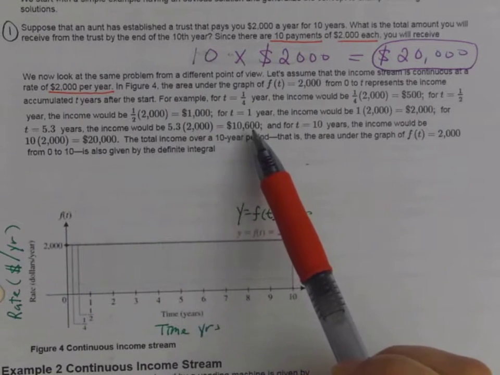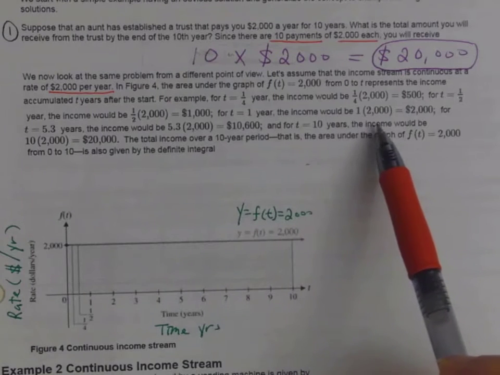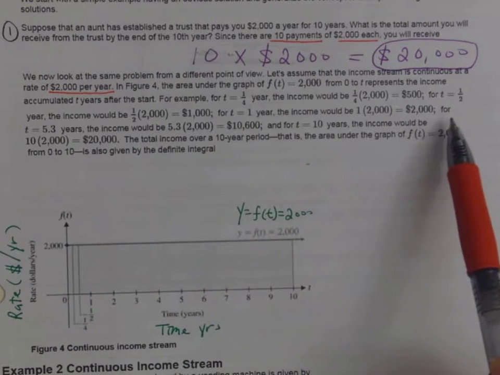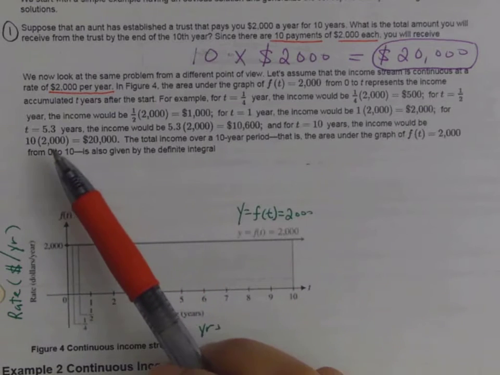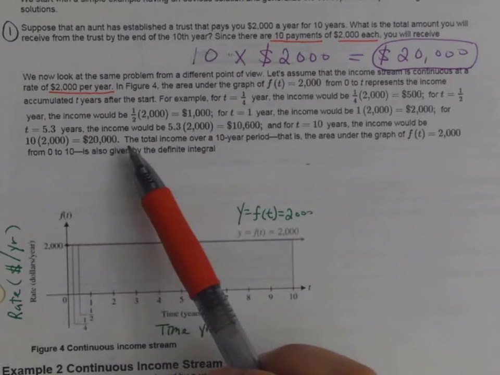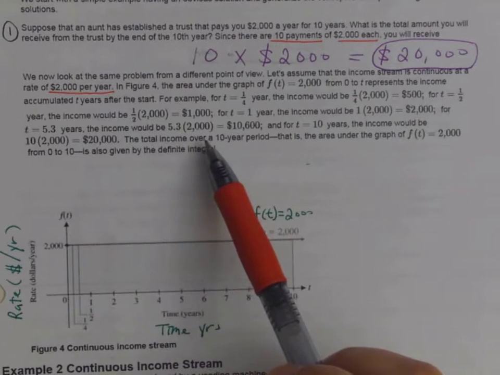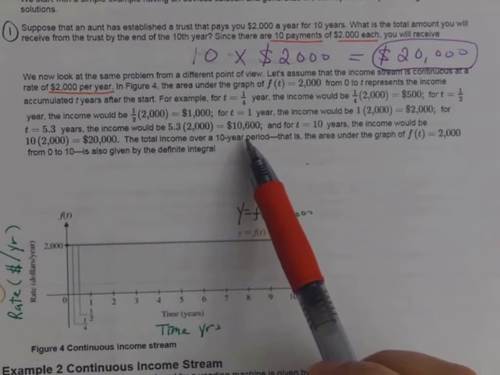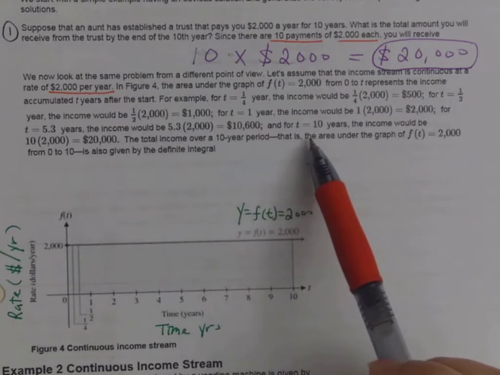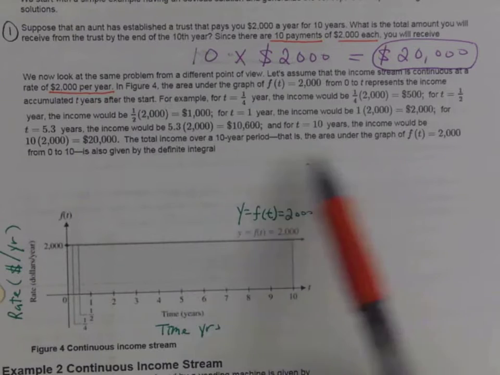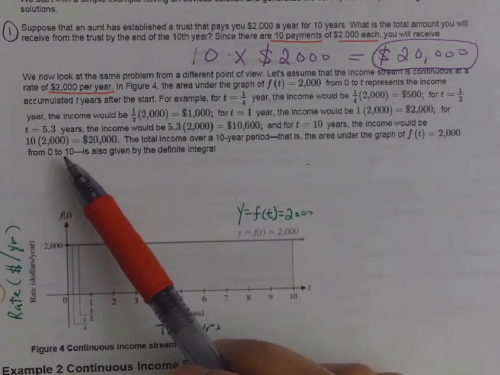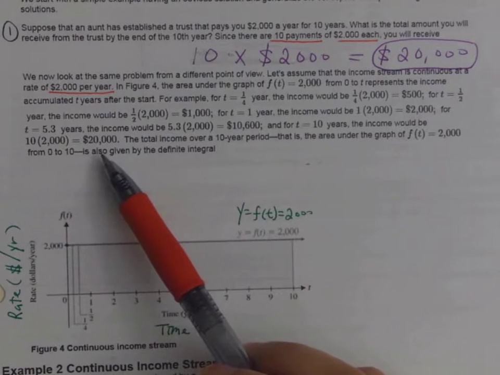For t equal to 1 year, it is $2,000. For 5.3 years, it is 5.3 times 2,000, which is $10,600. And when t equals 10, the income is $20,000.